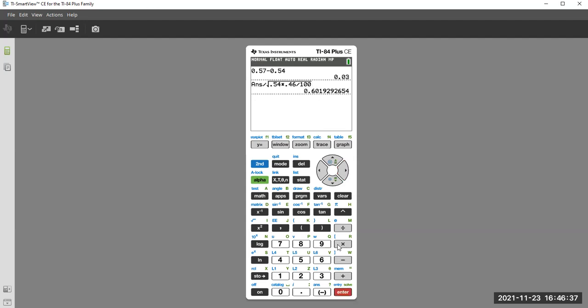There we go. So 0.602. Again, no hard and fast rounding rule. So that would be my test statistic, and then I could plot that or use it to calculate a p-value.